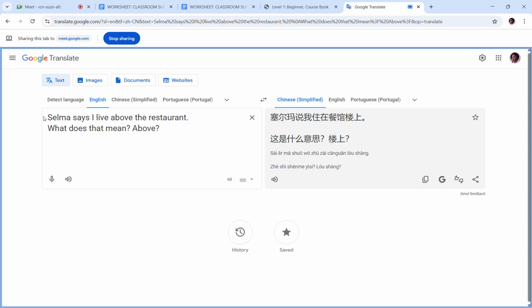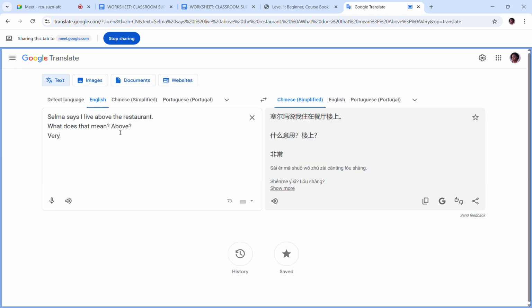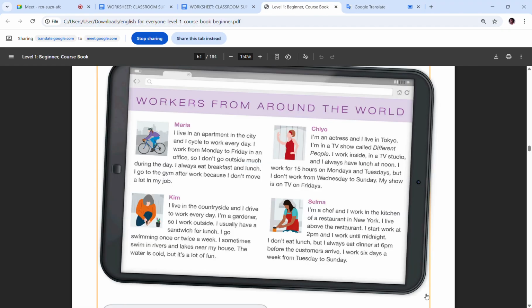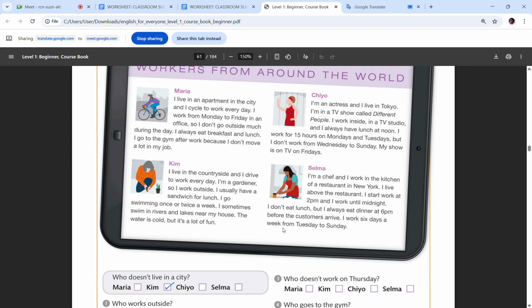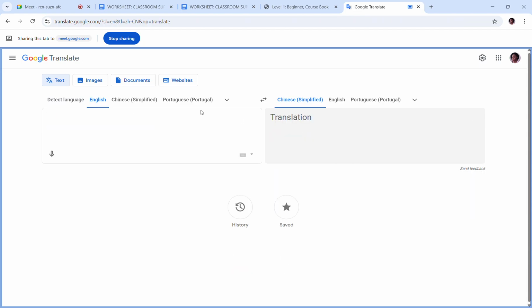Is it underneath? Is it left, right? Yeah, it's up, right? Very good, very good. So above is a new word for us. And then what else does she say? What about customers? So she says she eats before the customers arrive. Customer.